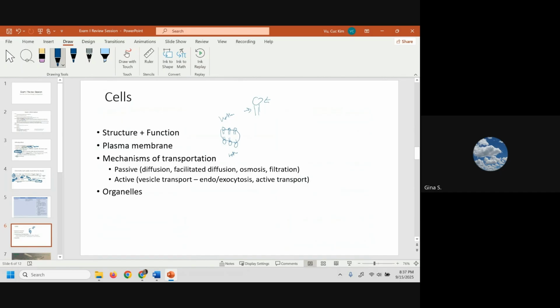Facilitated diffusion needs to go through a protein. Yes. Oh yeah, and then diffusion is something about the force of water or something like that. Nope. You're thinking about osmosis. Or you're thinking about filtration. Anything with water is related to either filtration or osmosis.